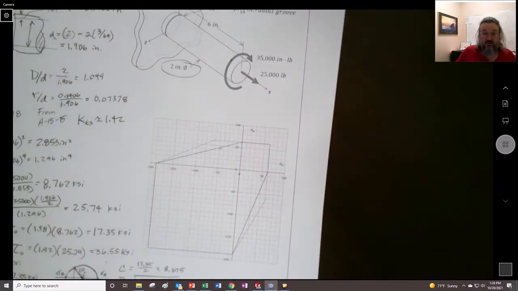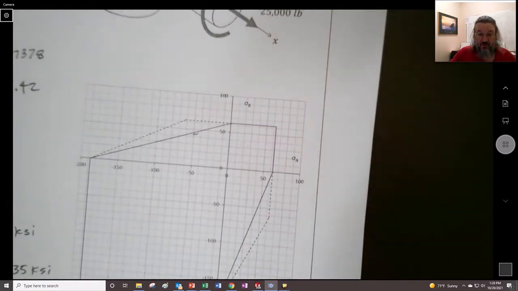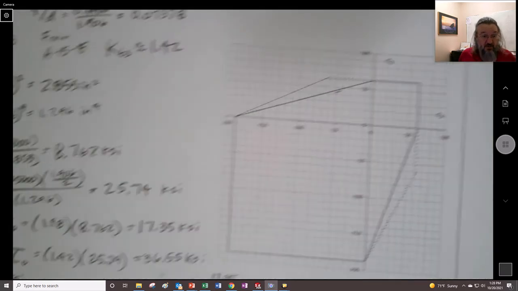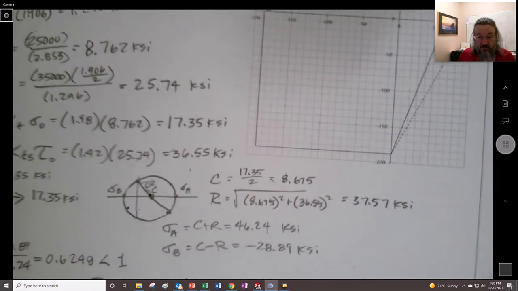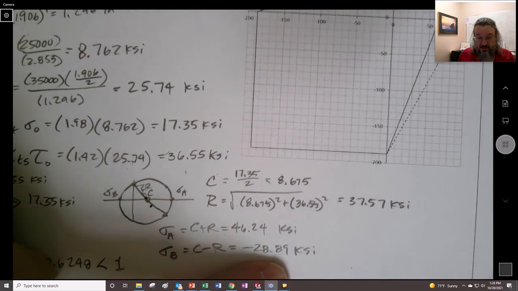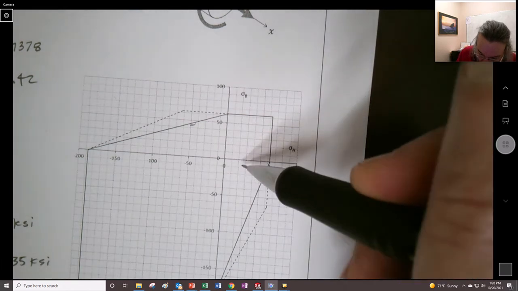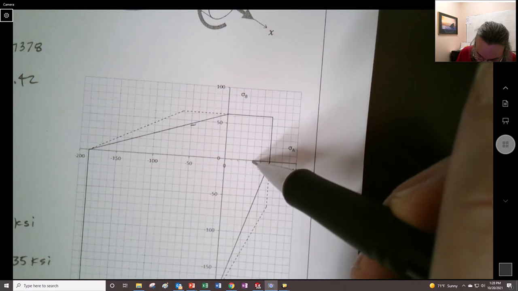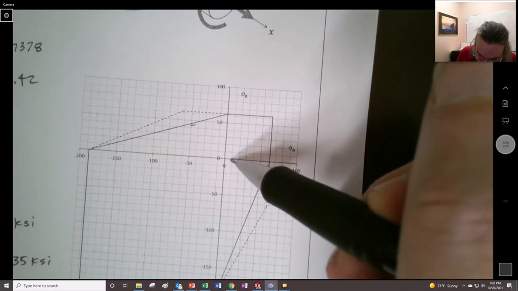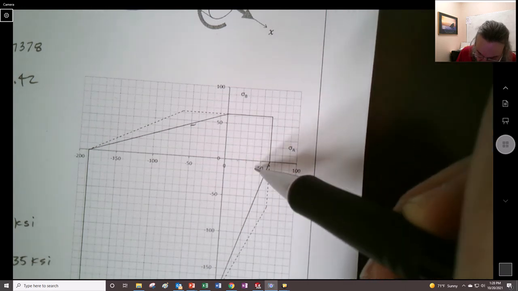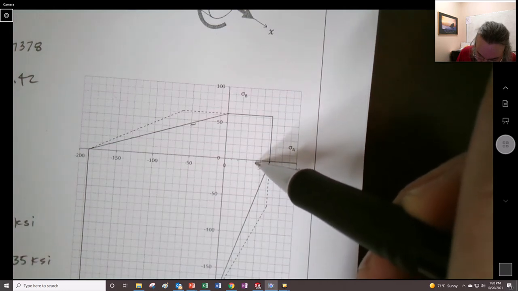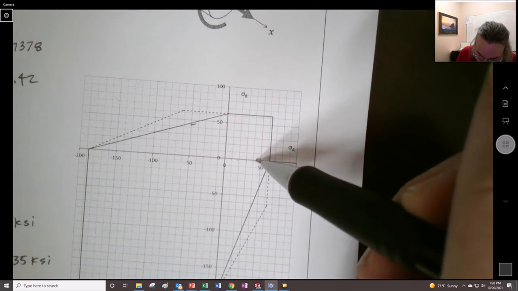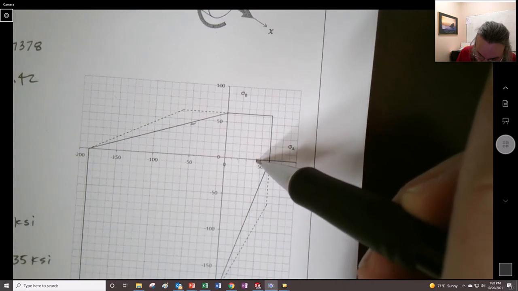If we can, we probably have to really get in here. I'm not going to do the ratios of these right here. But we want to take our two principal stresses, which you'll recall are going to be 46. Let's call it more like 45 and 30, because we have very small increments right here. It looks to me like we're kind of going by tens. So in the positive, we're going to have 46, which is pretty darn close to that 50 right there. So this is 45, right in there.